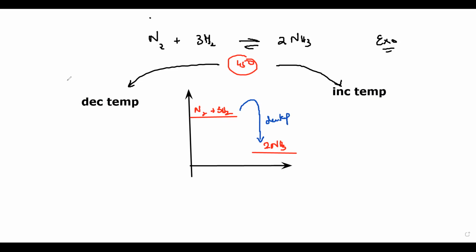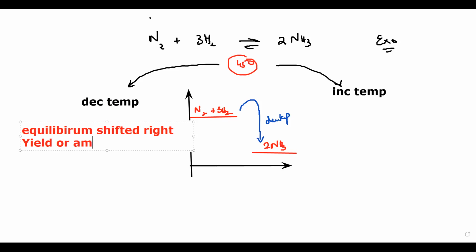If the equilibrium is shifted right, the yield or amount of ammonia will increase. We'll get more ammonia.